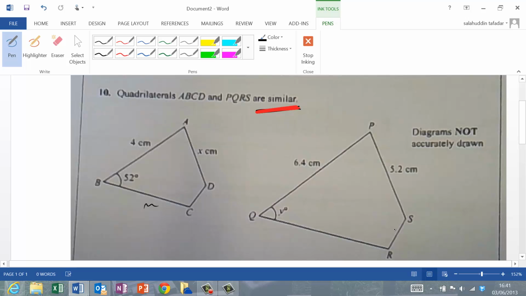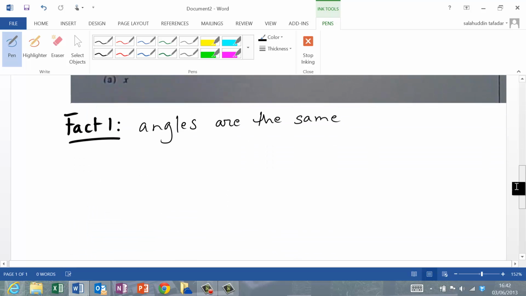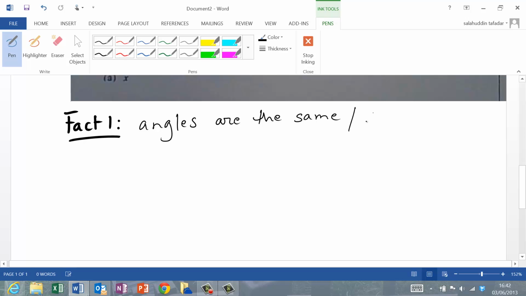Even if that shape is bigger, this angle here will remain 52. Let's say, just as an example, that one was 48 degrees. Then this one here must be 48 degrees as well. So that's the first fact: the angles stay the same.